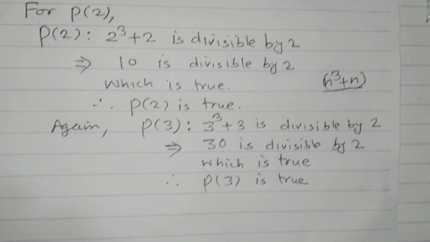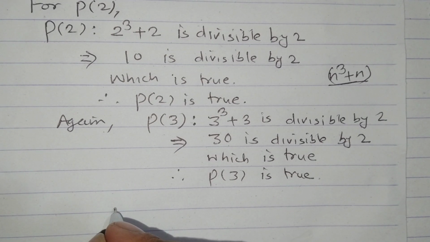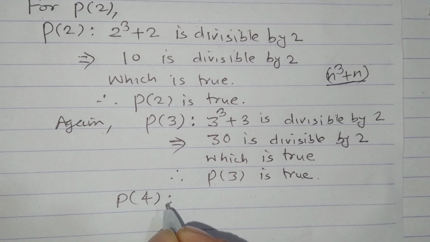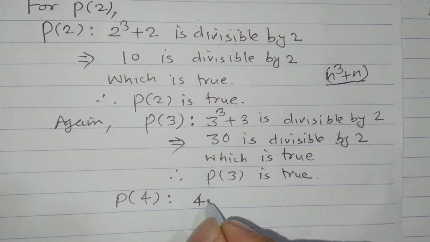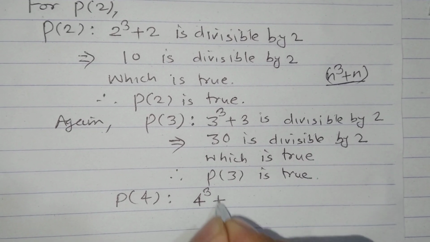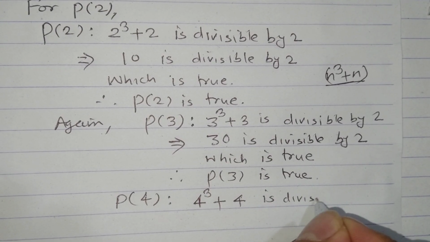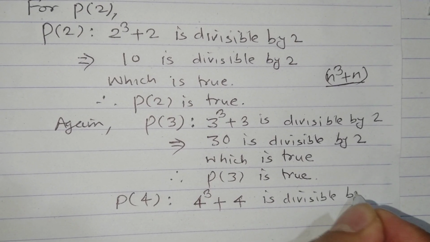Now the last task is for P4. We have to check for P4. So again we do it in a similar manner. 4 cube plus 4 is divisible by 2.